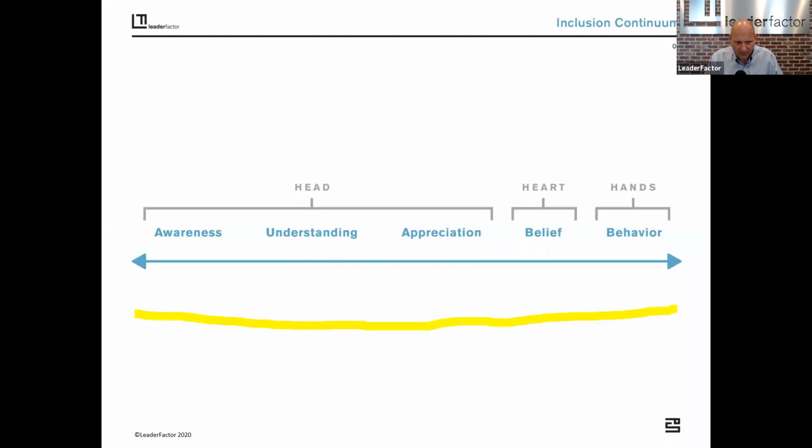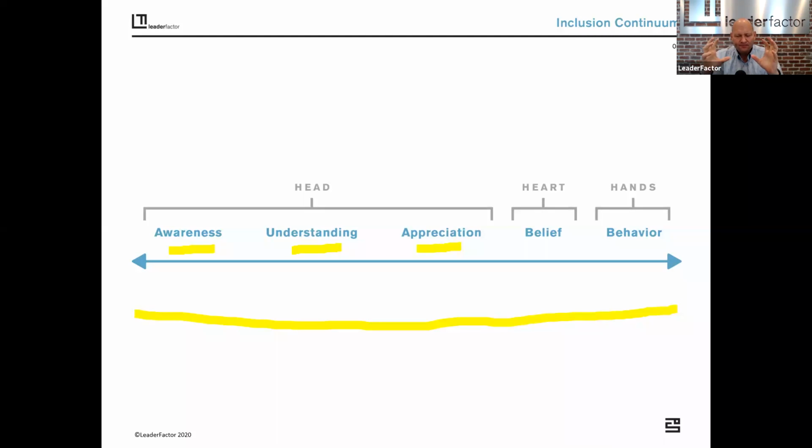We begin with awareness, the initial awareness of differences, and then we progress to understanding. This is the next step in the inclusion continuum. And then we move to appreciation. That's the third step. So the traditional approach to inclusion is we go left to right on the inclusion continuum.